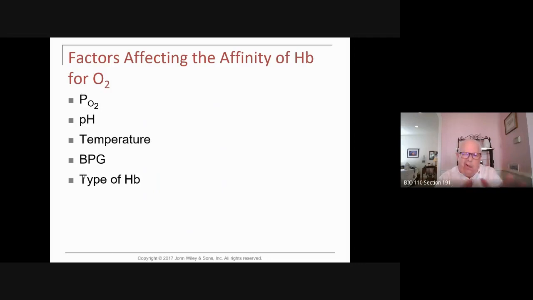What if I told you that the normal hemoglobin is known as A, hemoglobin A? Everybody has hemoglobin A that's normal. But in sickle cell disease, what type of hemoglobin do they have? It's not A. What is it? Who did the sickle cell lecture? Who did the sickle cell PowerPoint?